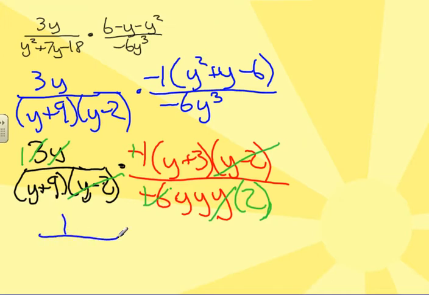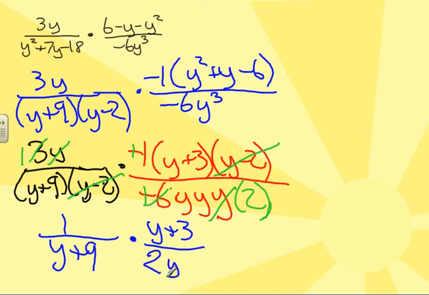I have a y plus 9 left on the bottom, times, and I look at the other side. I can ignore the plus 1, because 1 doesn't really count for anything. I have a y plus 3. And on the bottom, I've got 2 y's and a 2. So 2 times y squared.